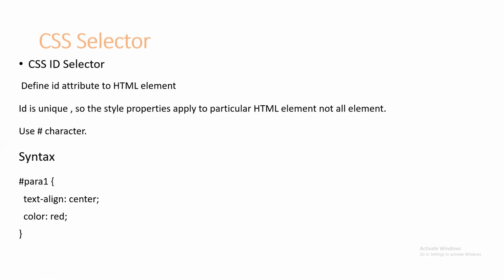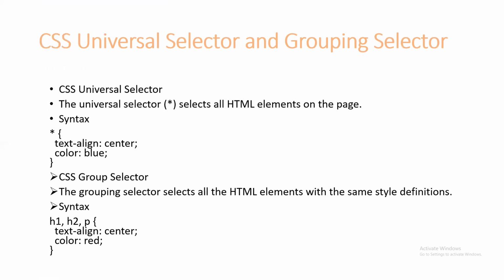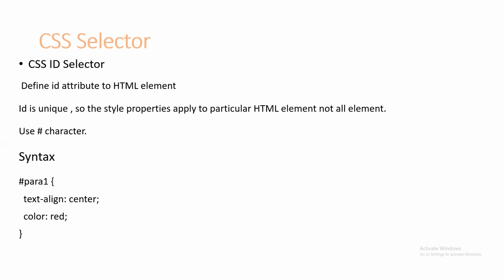Our next point is the CSS selector. Before, we used to apply the style to an HTML element, but there are some different ways that we can use to apply the style properties. First one is the ID selector, second one is the class selector, third one is the group selector, and the universal selector. These four are the types of CSS selector.